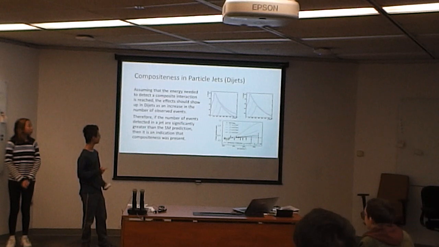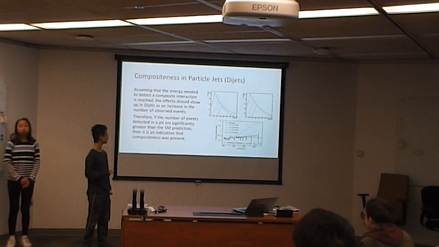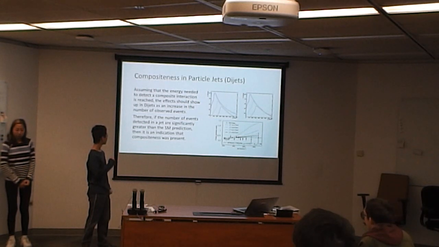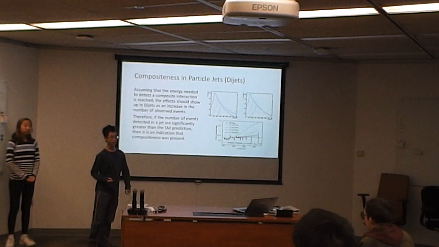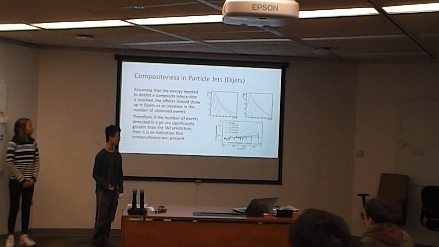So if the number of dijets with a given invariant mass is significantly greater than the standard model prediction, then it's an indication that compositeness was present.